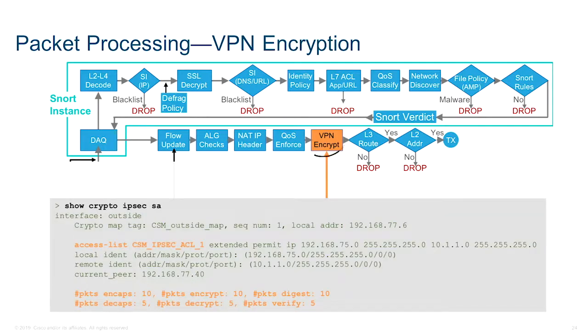We see our VPN encryption. Let's say that this packet flow is destined from the corporate site to a branch site across an IPsec tunnel. Well, in our IPsec topics to follow, we can do a show crypto ipsec sa. Very high level, don't worry, because we're going to go into this even deeper when we get into this specific topic. But SA stands for Security Association, or an agreement between two peers, two devices.